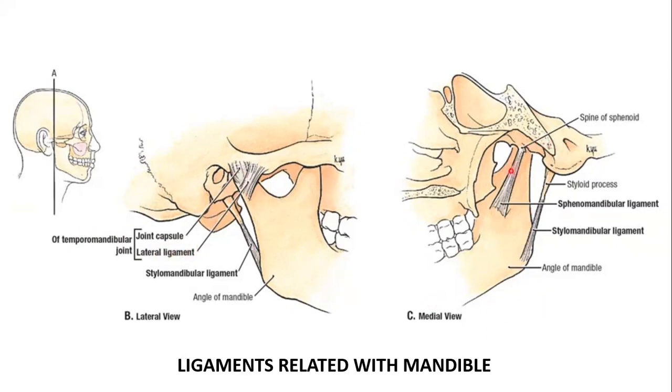And over here, this is the sphenomandibular ligament coming from the spine of the sphenoid and inserted into this lingula. And then there is the stylomandibular ligament from the styloid process of the temporal bone to the angle of the mandible. These ligaments are attached with the mandible.